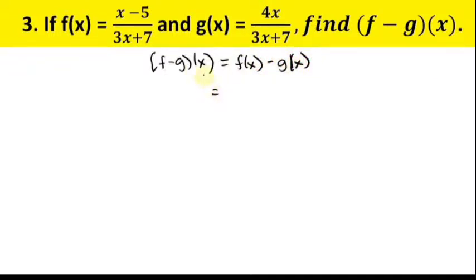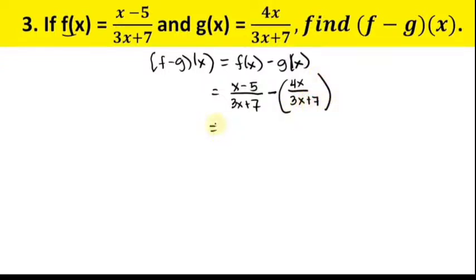Then we substitute. The value of f of x is x minus 5 over 3x plus 7, subtract the quantity of 4x over 3x plus 7.